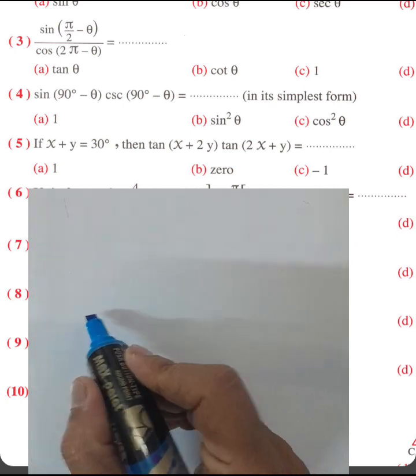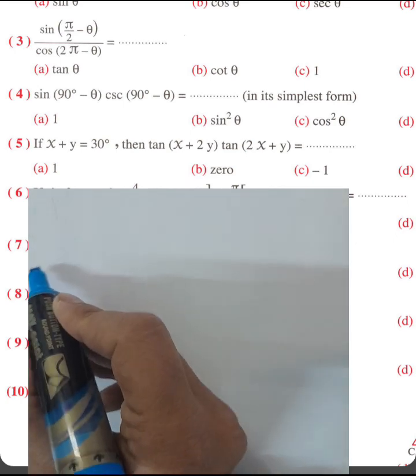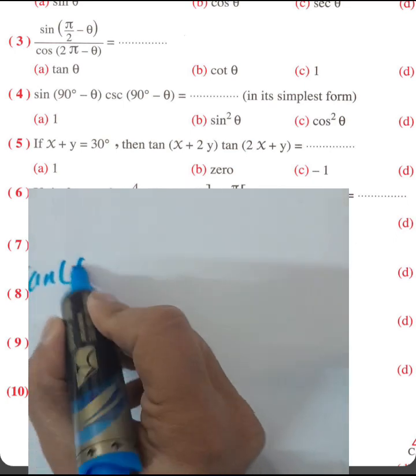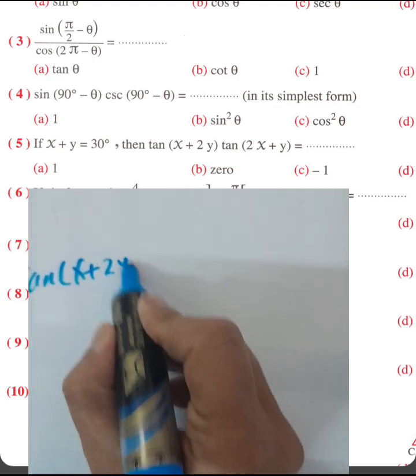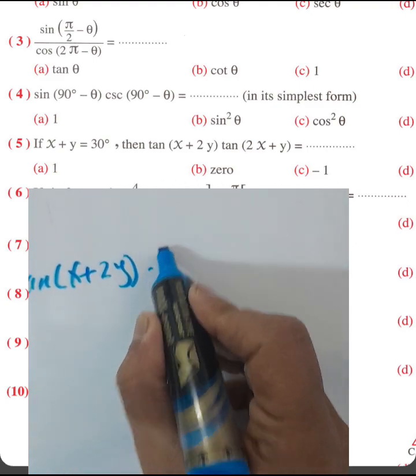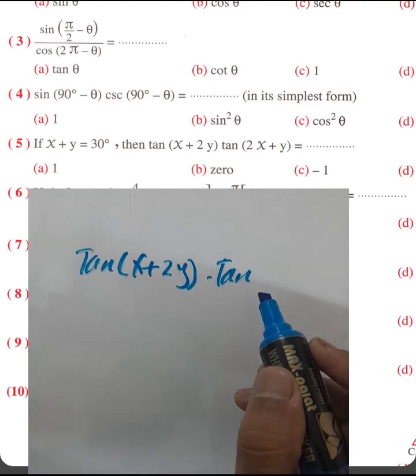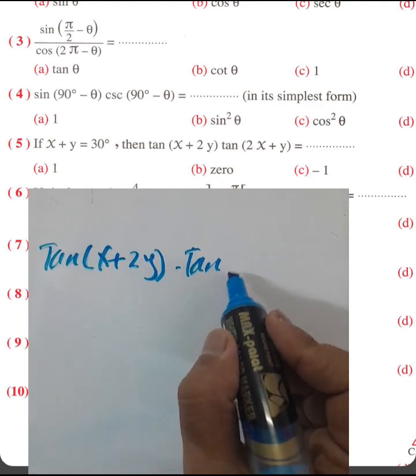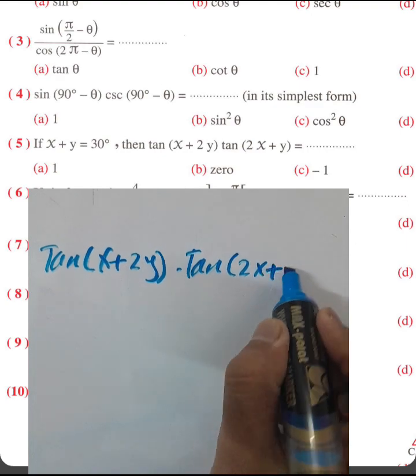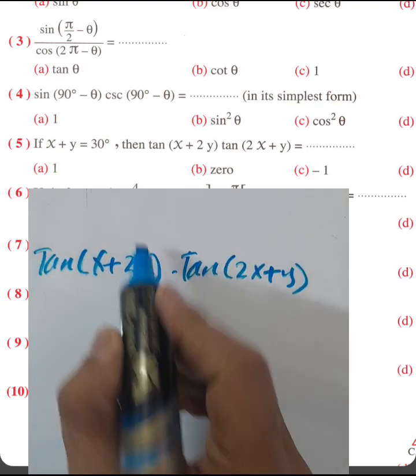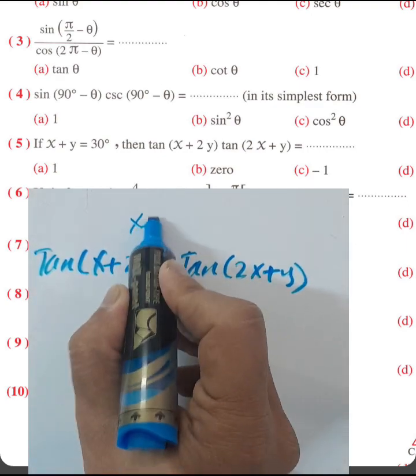Okay, we have tan(x plus 2y) product by tan(2x plus y), and the example gives us x plus y equals 30.